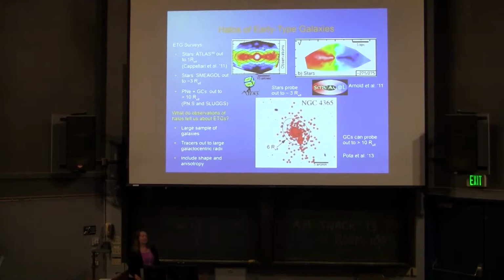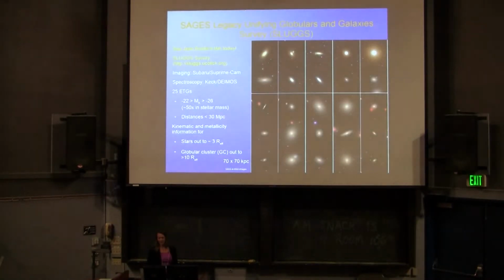And of course, we want our tracer populations to be in large number out to large radii again, so globular clusters are perfect for this. But we also want to include the shape and anisotropy parameters of these tracer populations. Assuming that these objects are spherically symmetric and have isotropic orbits leads to biases in our mass estimates, so we compensate for both of those in our analysis.